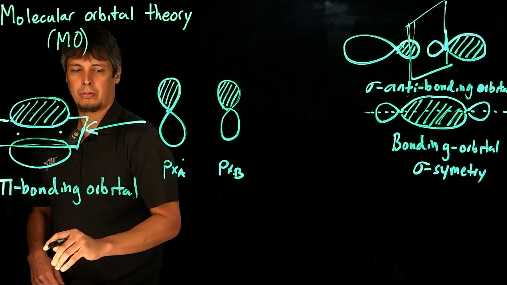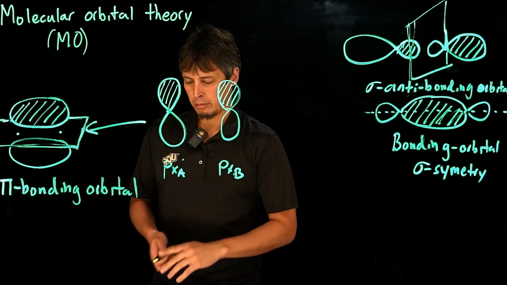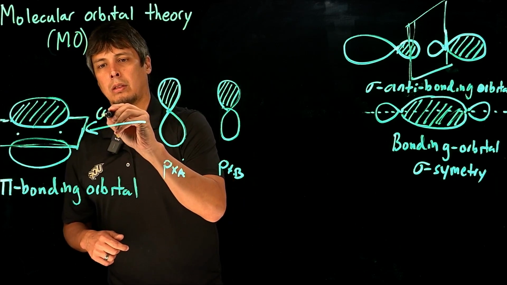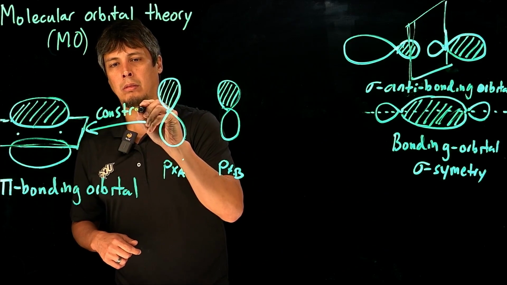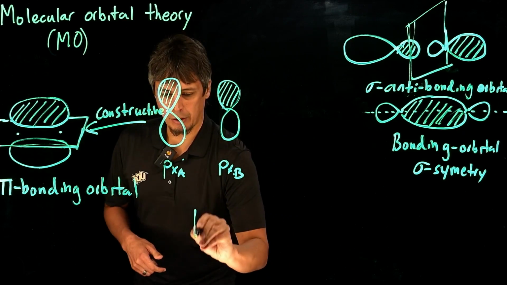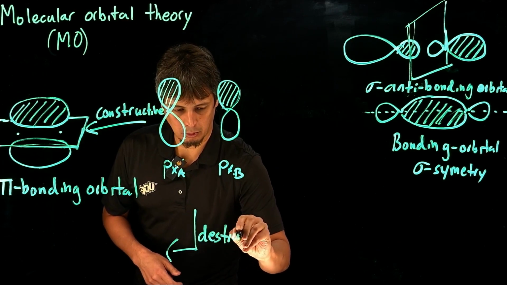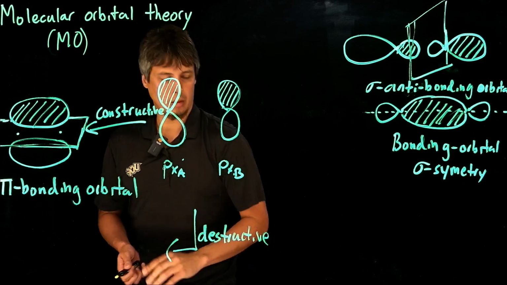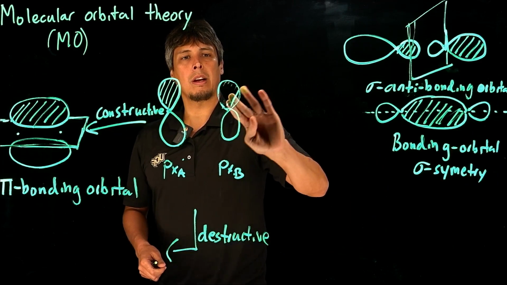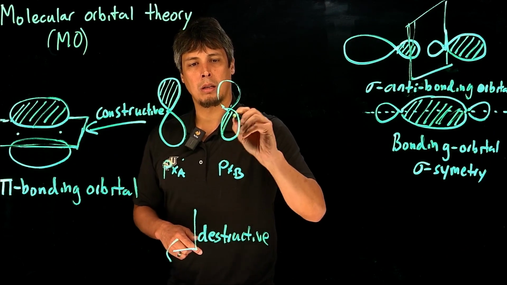Now, what would we have for the antibonding? What would we have for the destructive? For that, we would have to flip the signs of these lobes.